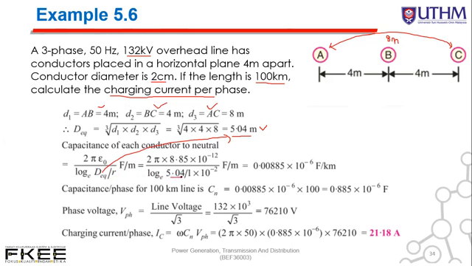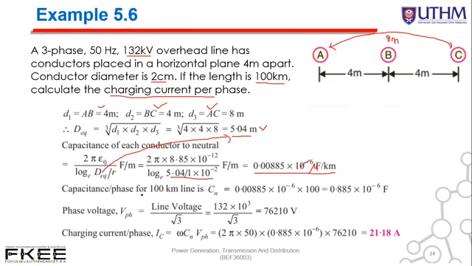We replace the values in this equation. So we got capacitance per phase, or capacitance of each conductor to neutral, 0.00885 times 10 to the power of minus 6 farad per kilometer. Basically, we can just change this to microfarad.